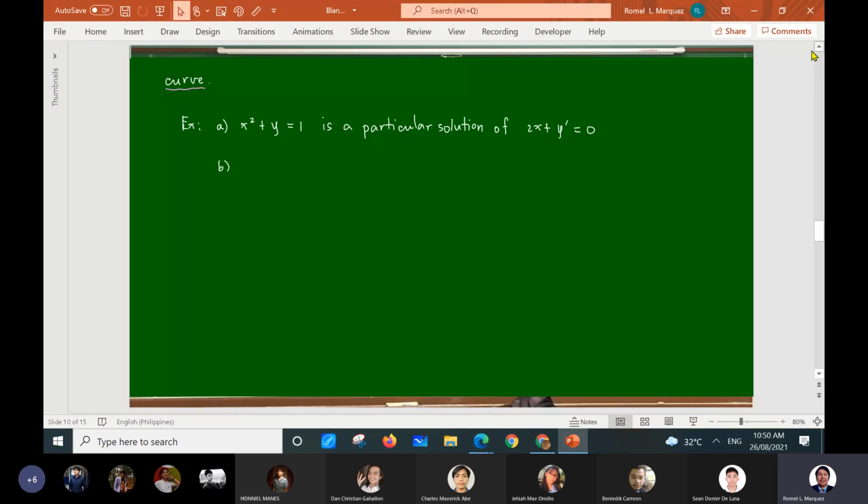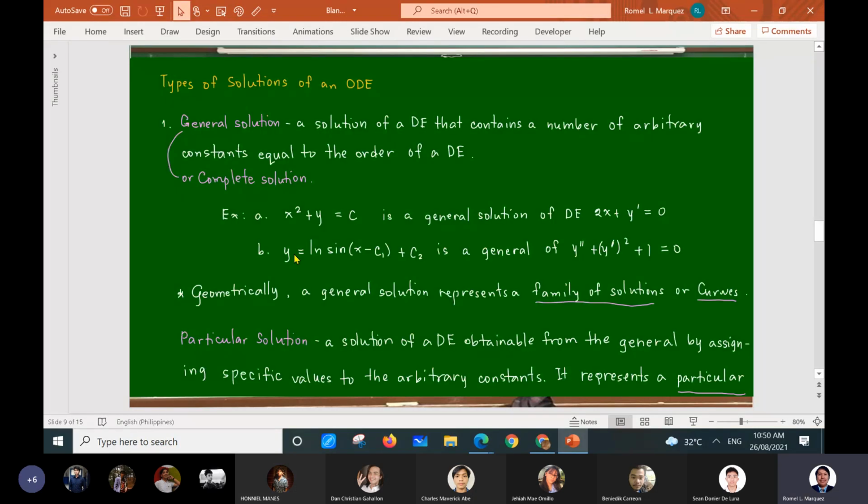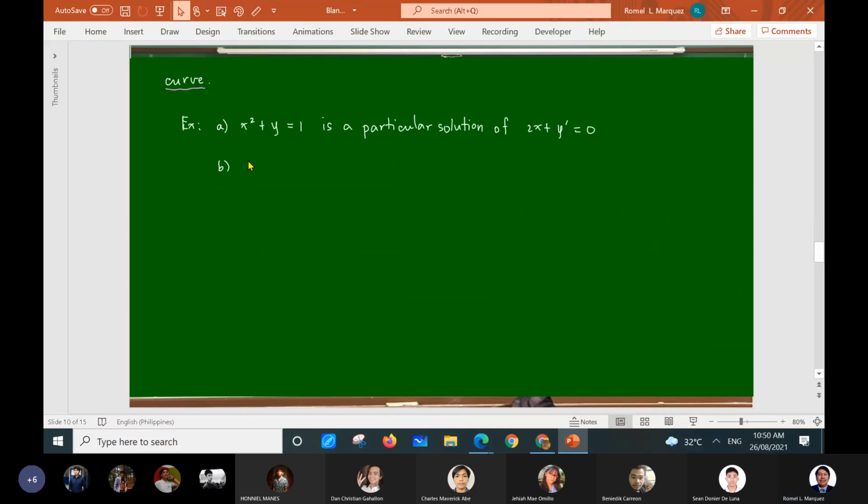What about letter B? So I have this general solution. Can you give me one particular solution? You have to assign values to c sub 1 and c sub 2. So let's say we have y equals ln of sine of x minus c sub 1. Let c sub 1 be equal to 2 and c sub 2, positive 5.